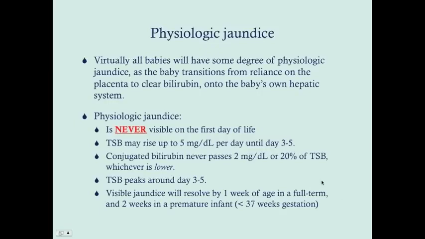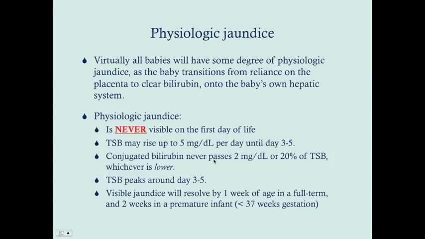Then the cutoff for conjugated bilirubin is going to be 0.8 because that's 20% of 4. So anything above 0.8 is going to be pathologic because the conjugated bilirubin is more than 20% of the total serum bilirubin. If the total serum bilirubin is beyond 5, then 2 milligrams per deciliter is the cutoff for conjugated bilirubin, where it becomes pathologic.